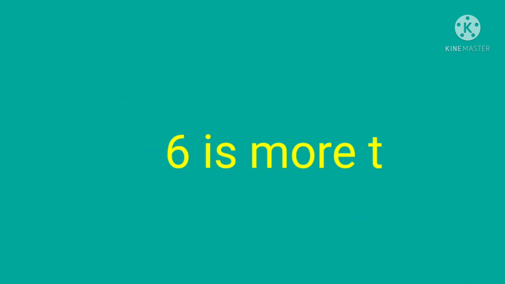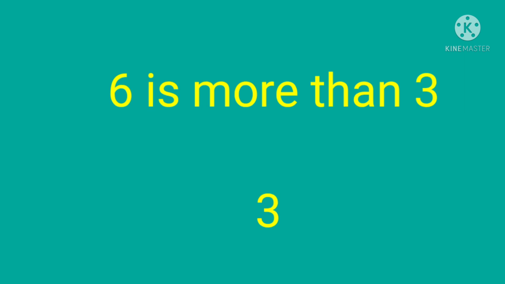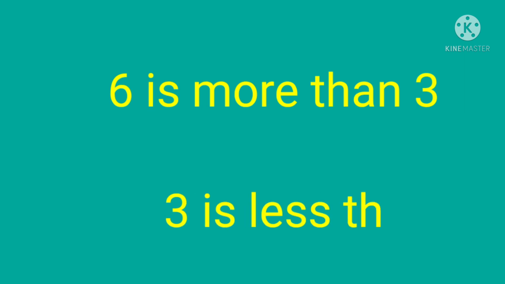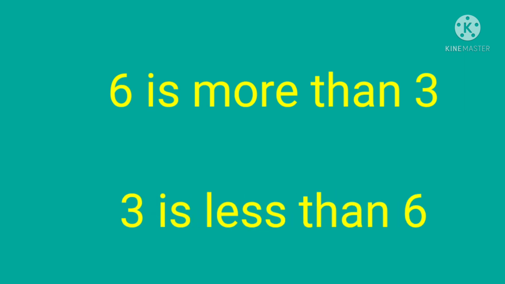So, which is greater, children? Yes, the number of stars with 6 numbers is greater, isn't it? Okay, so we can say that the number 6 is more than 3 and the number 3 is less than the number 6. Okay, children, this is how we compare the numbers.